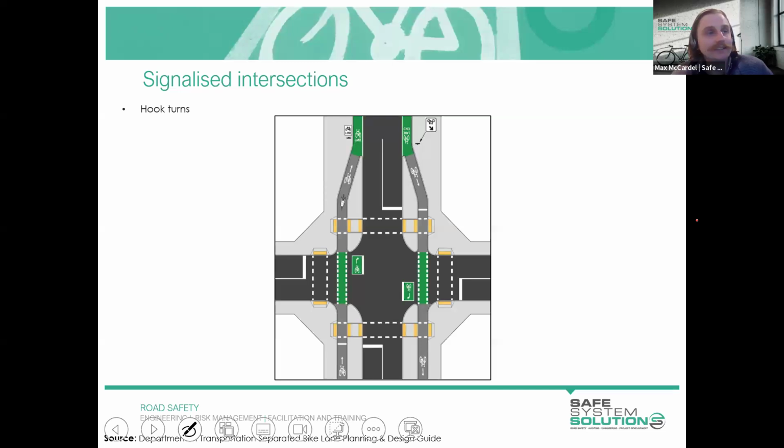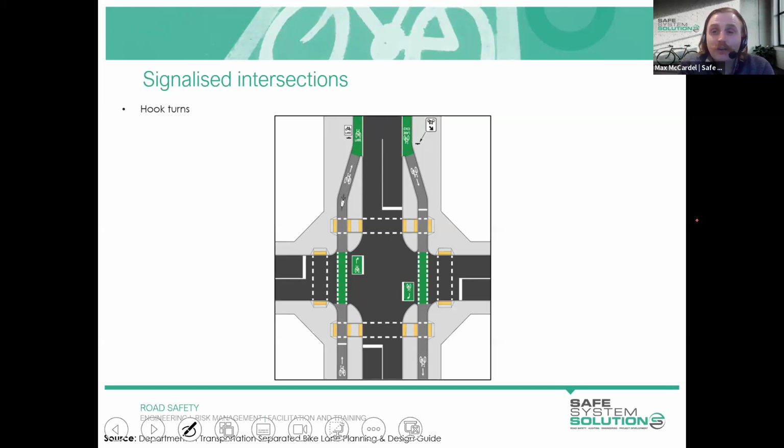All right, some hook turns, something that we're very fond of here in Victoria. Not so much other states, but hook turns can also be performed on a bicycle. A hook turn, for those that aren't familiar, is just another way to turn right. It sounds counterintuitive, but it's turning left to turn right.